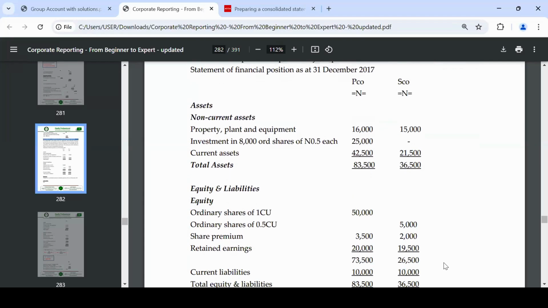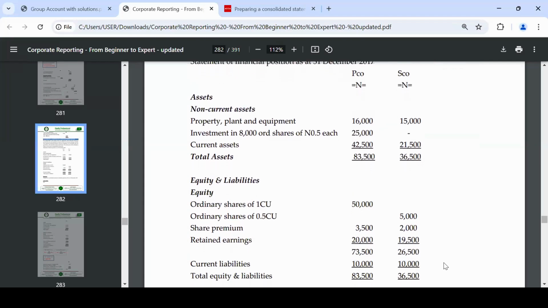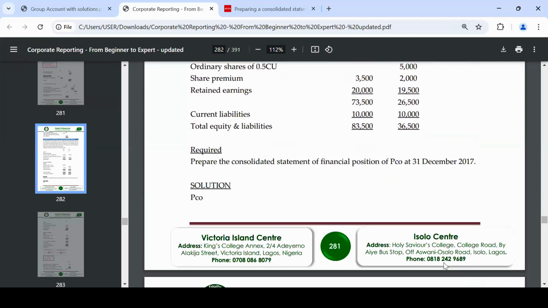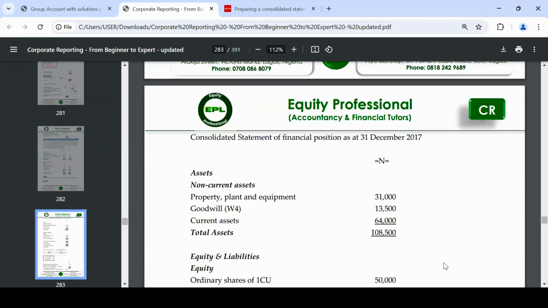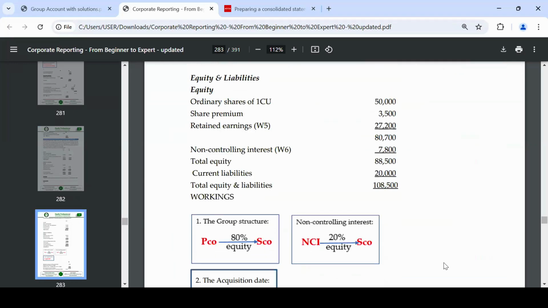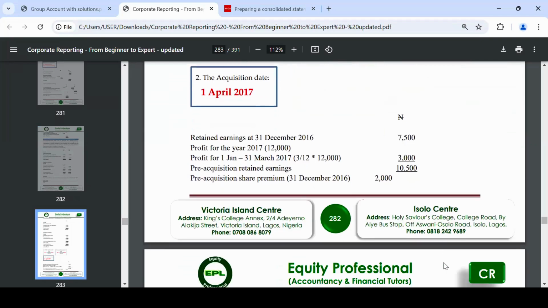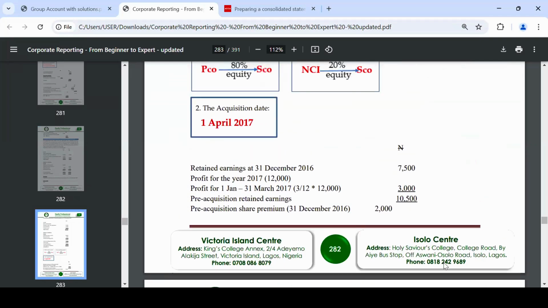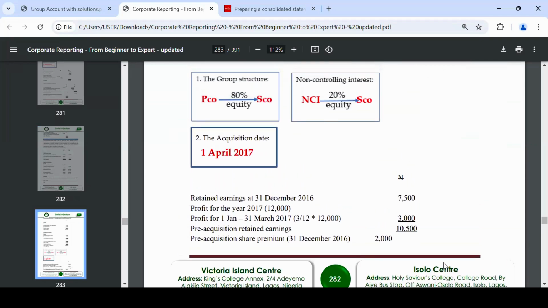It is only the post-acquisition retained earnings. Okay? So if an acquisition was done in between the year, it is still the same logic I'm going to apply when I am sharing the profit, okay? Look at it.